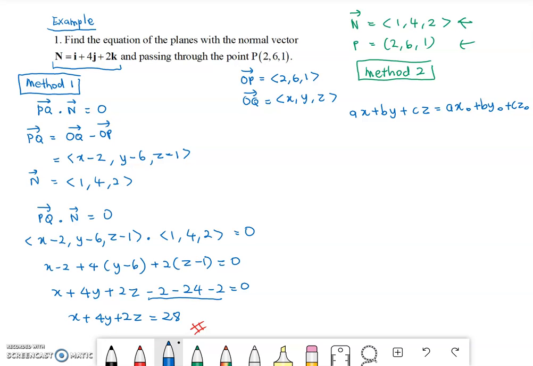So our a, b, and c are identified from the normal vector, and this is our x naught, y naught, z naught.